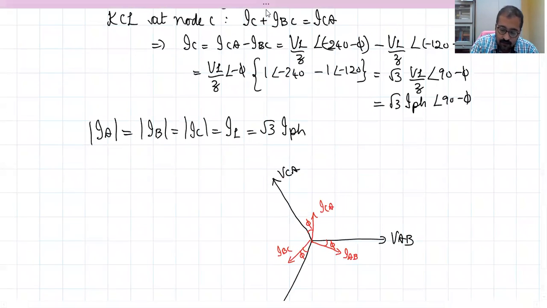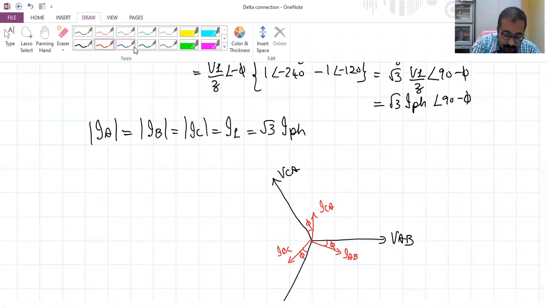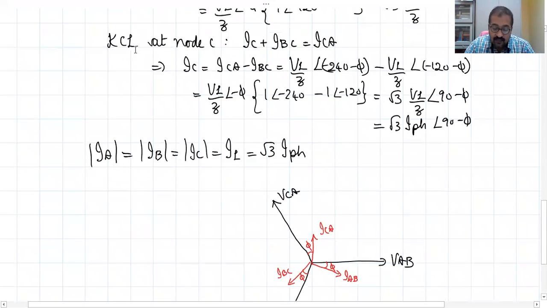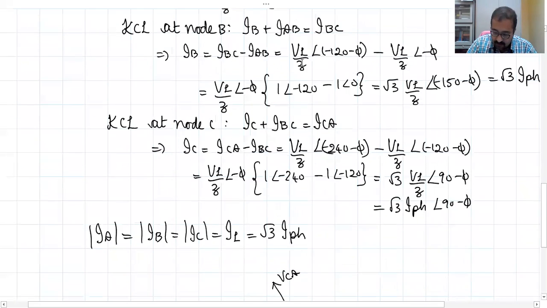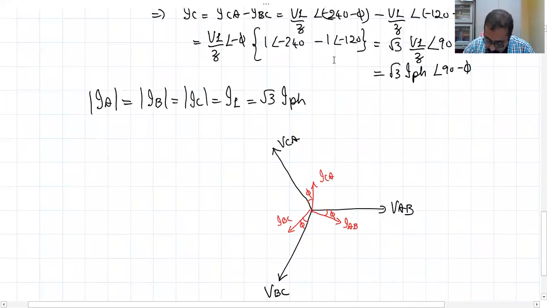Okay. Now, what is IA? IA is nothing but IAB minus ICA. Okay. So IAB we have, where it is, IAB is here. Where is ICA? Opposite to that. That means this thing. Okay. So phasor sum. Okay.